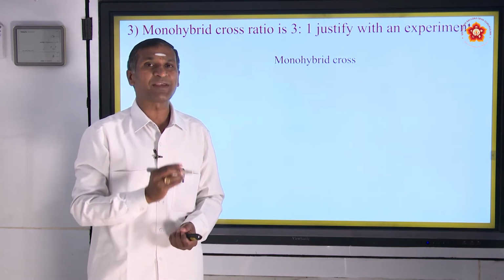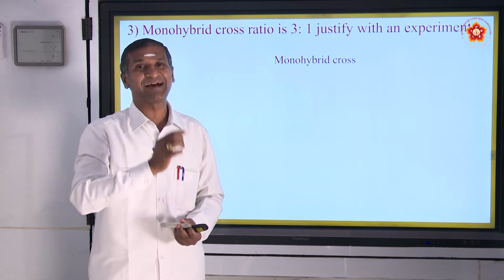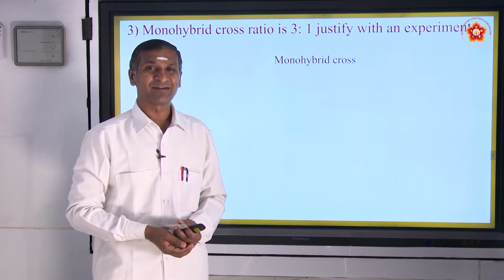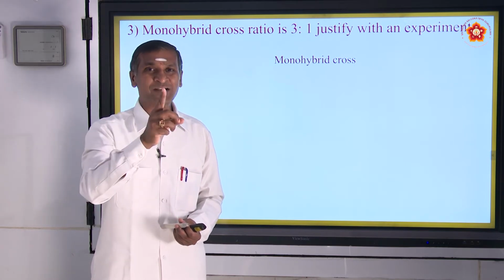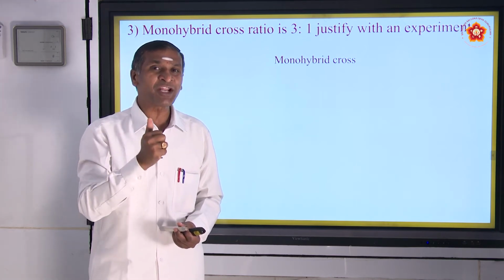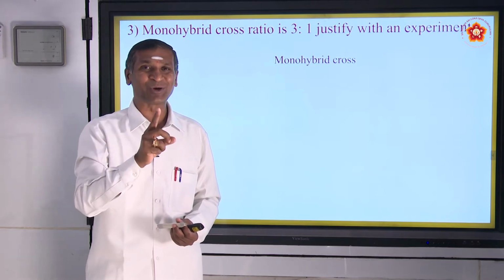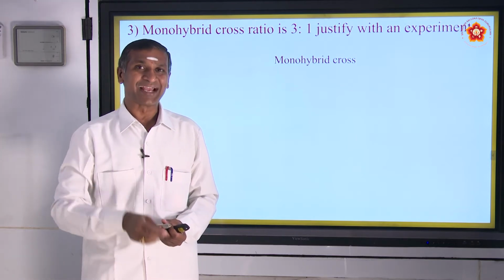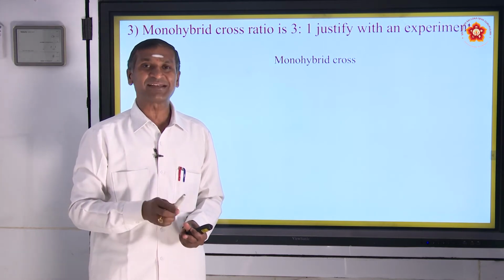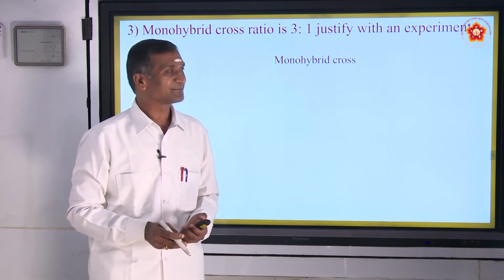I am so happy that Sathya is raising her hand to tell the answer. Sure, Sathya, you are perfect. A cross between 2 plants which differ in a single character is called a monohybrid cross.